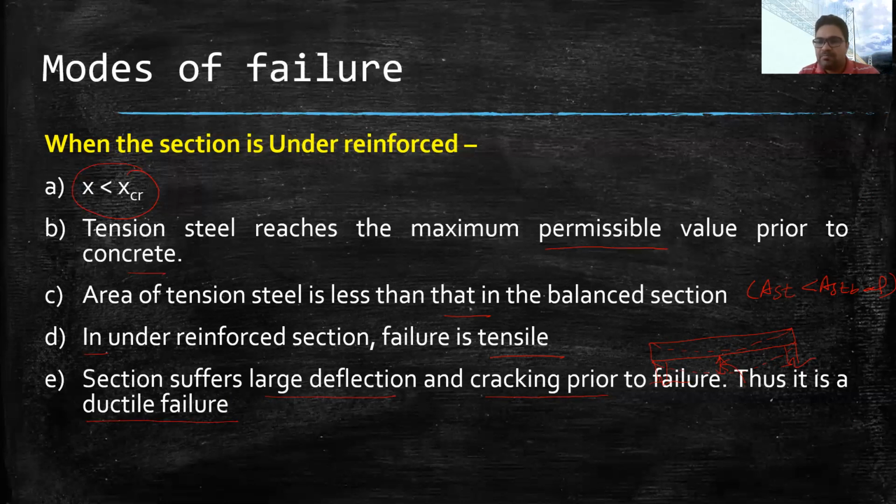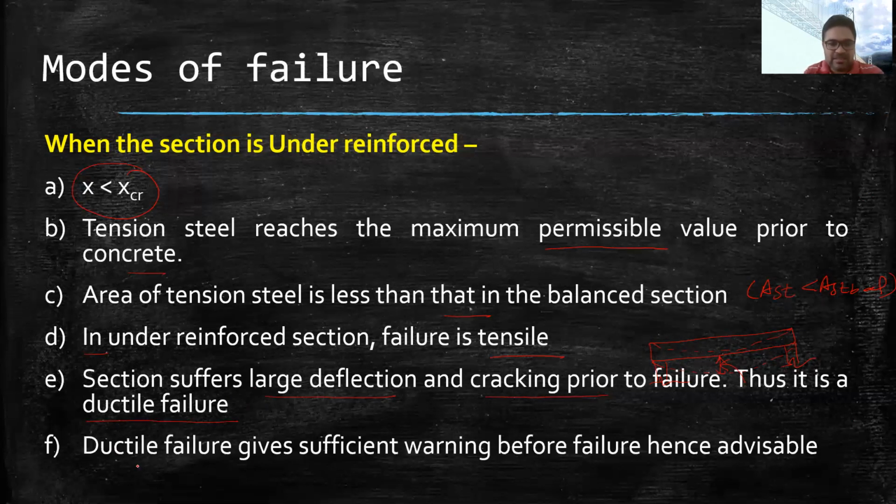It takes time because the deflection will occur gradually, not suddenly, and therefore it will give us time to escape or to apply some remedial actions to the beam, which means sufficient time to repair in case of failure.